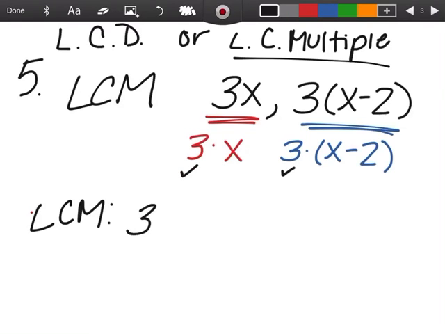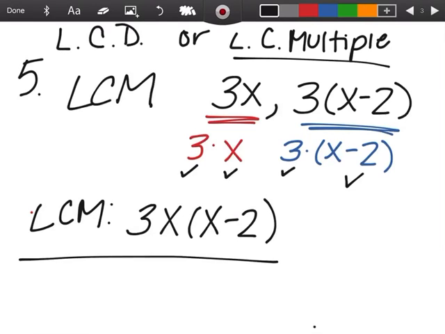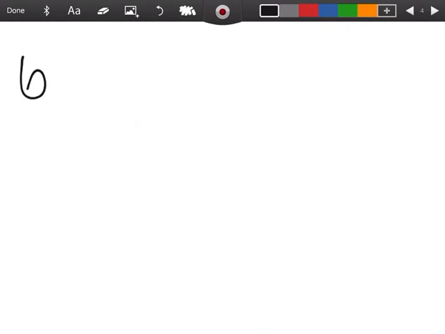And there's no need for me to account for it twice because it only shows up one time. And then I need to account for the x, and then I need to account for the quantity x minus 2. So the least common multiple is 3 times x times the quantity x minus 2. If this was a fraction and these were the denominators, it would be the least common denominator.